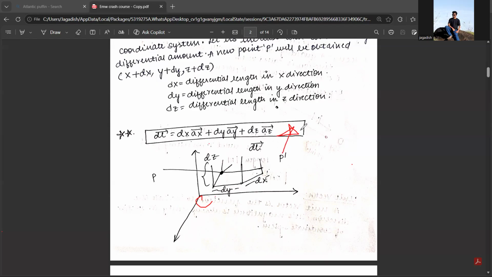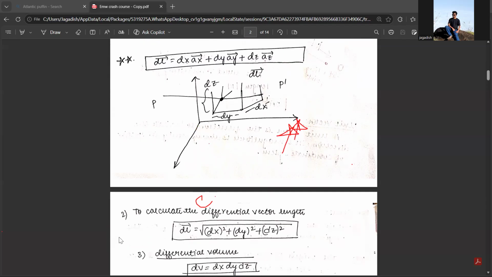To calculate the magnitude of the differential length, you should not take the direction; you take the square root of dx squared plus dy squared plus dz squared.